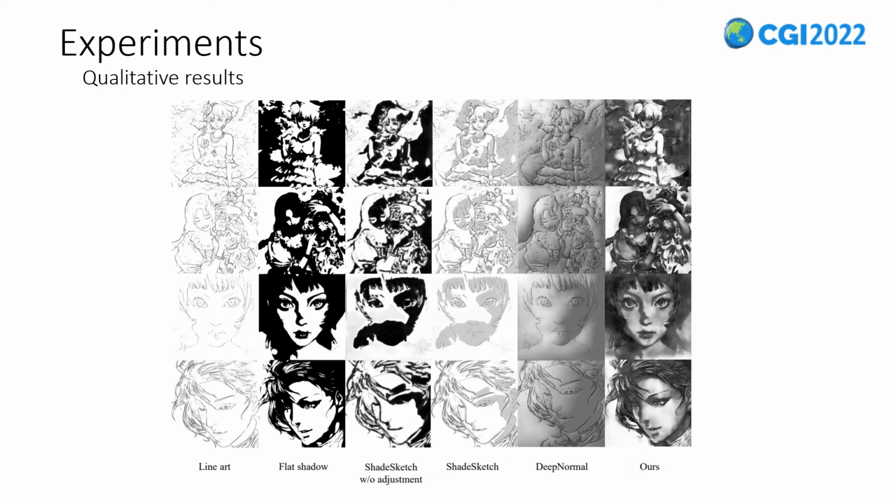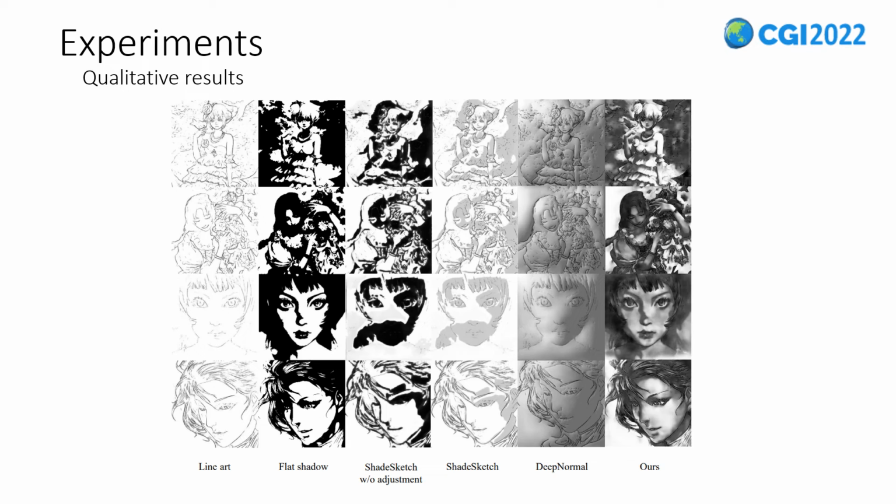Next, I will show our results. The first group is from the shadow net. We compared our shadow results with ShadeSketch and DeepNormal. We can see that ShadeSketch generated only flat shadow, and some results are questionable, especially on the face.